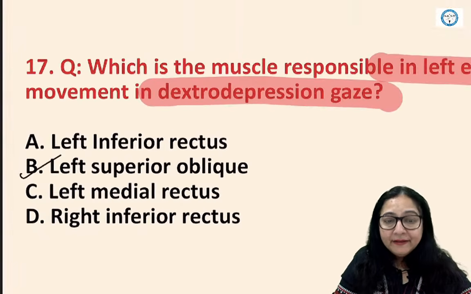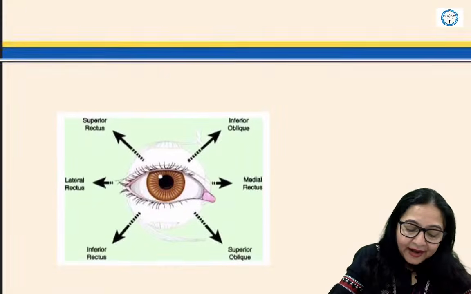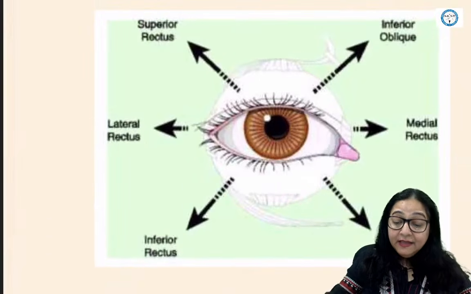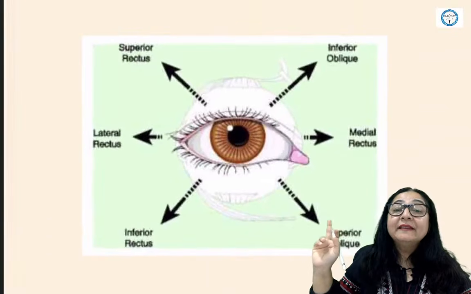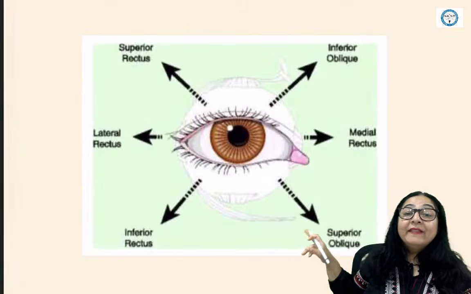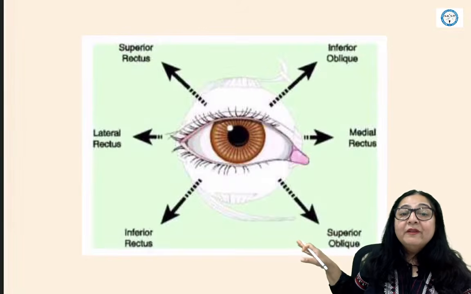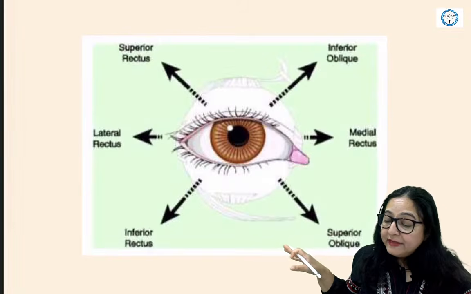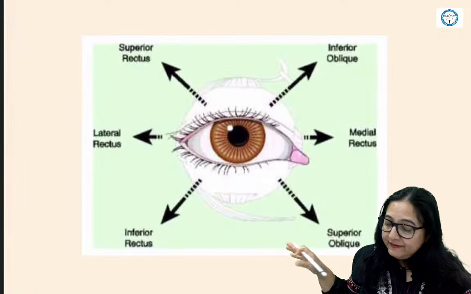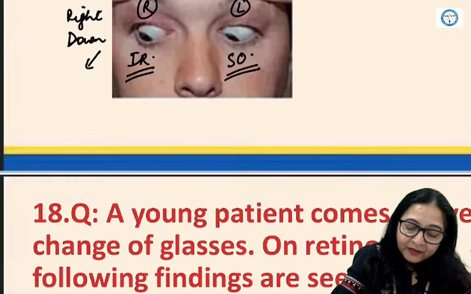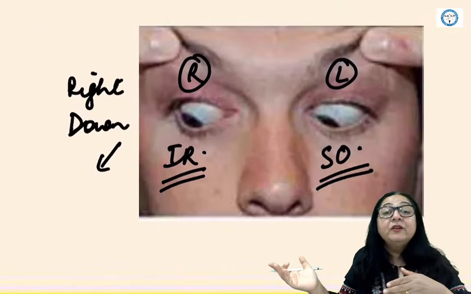All clear here? These are the cardinal positions of the eye. One muscle will be acting in each position. So when the eye is in down position and adduction, superior oblique will be the acting one. The question can also be in the form of yoke muscles.